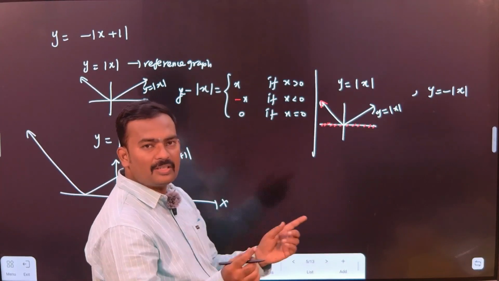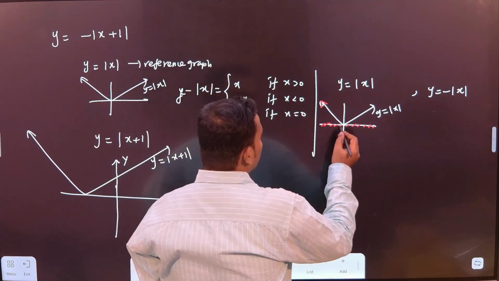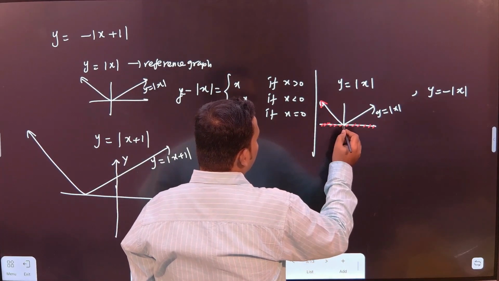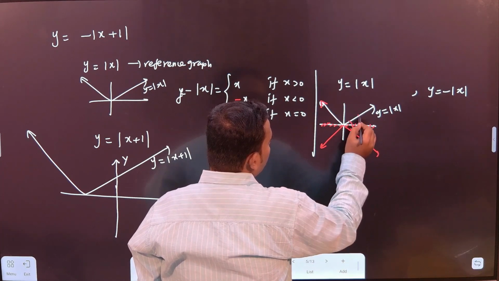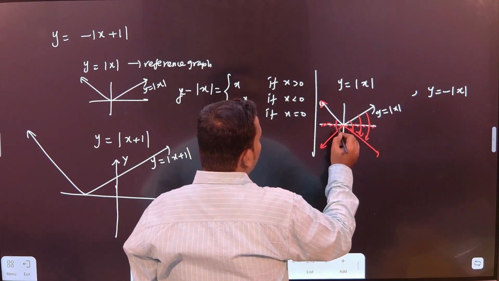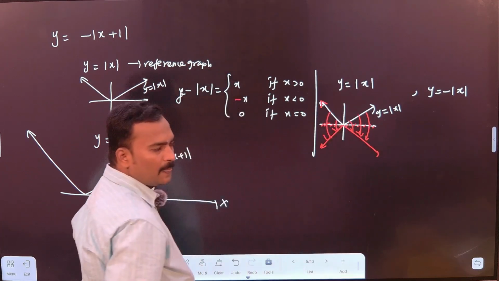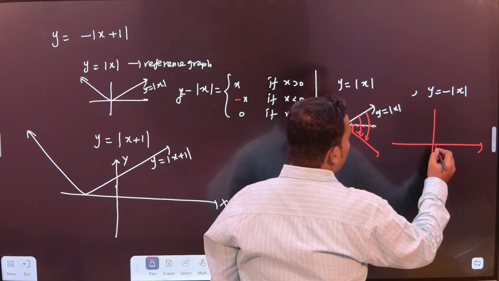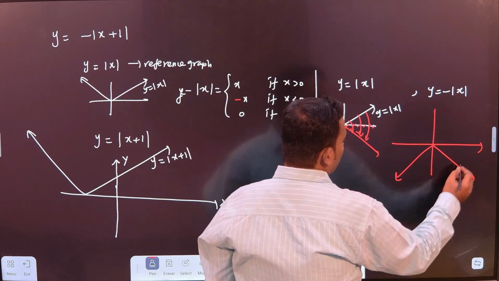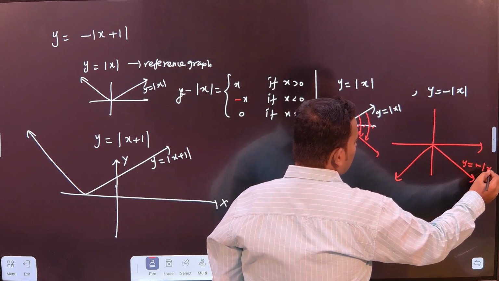It changes to minus f of x means you take x-axis the mirror, right? This portion will be like this and this portion will be like this. You know that this is your x-axis transformation. Clear? So therefore the y is equal to minus mod x graph will be a downwards graph. Y is equal to minus mod x.